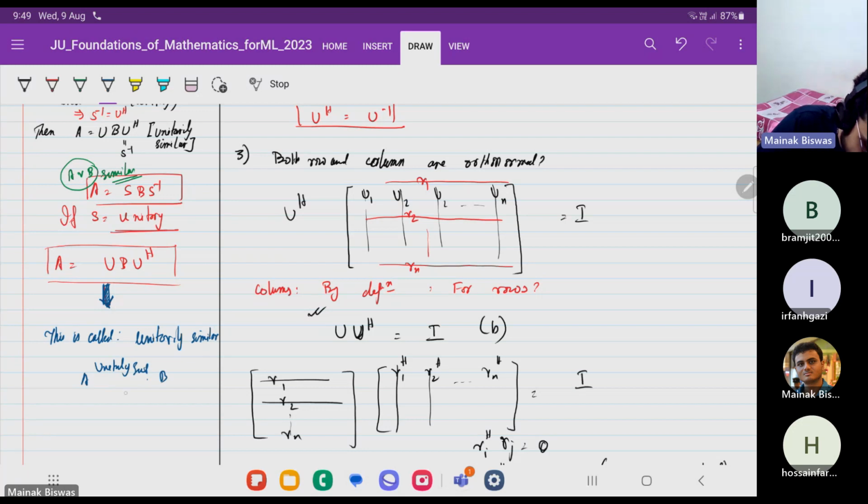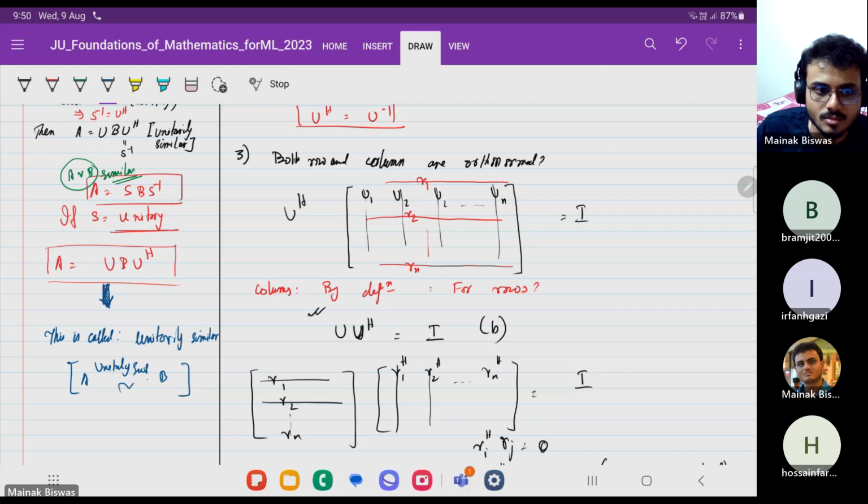So why do you think this is helpful? We'll see in which case it is unitarily similar in a moment. But can you tell me how is it useful? This is useful because we don't need to calculate S inverse, right?